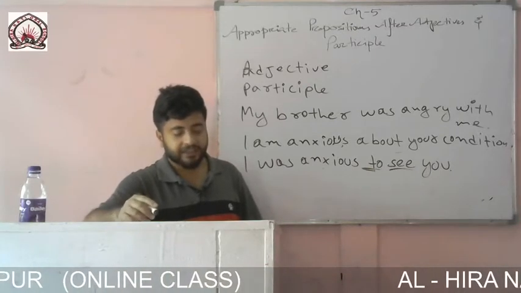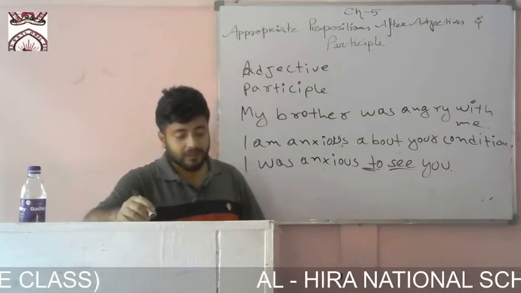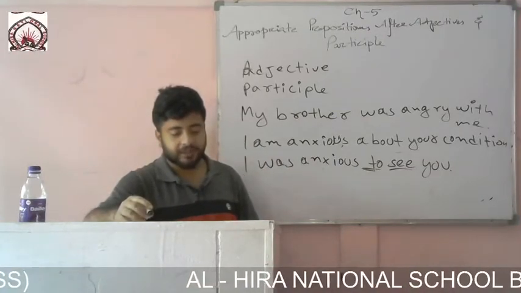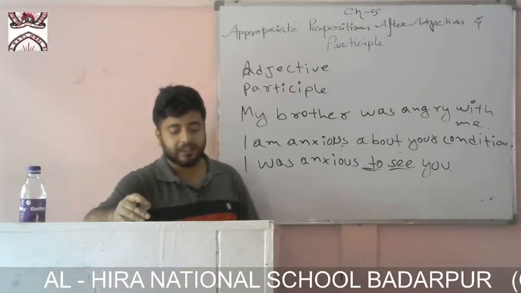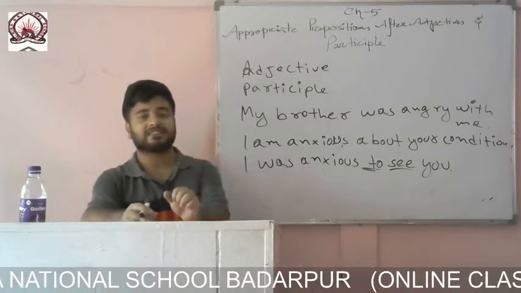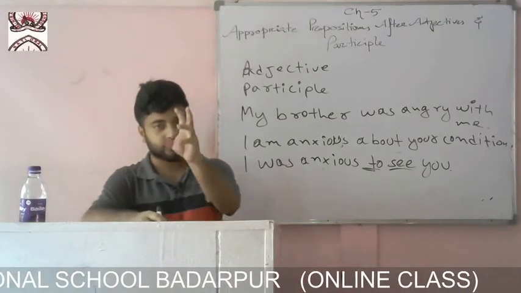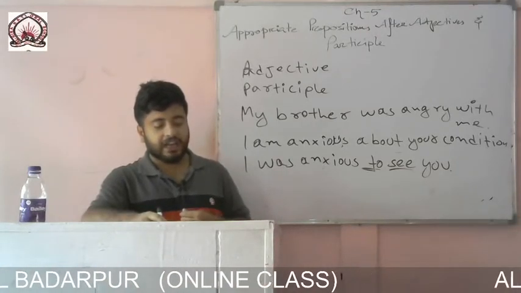Delighted at, delighted with. So delighted at is used when something is there. Then what do we have to write? He is delighted at my success. So here the focus is on success, which is a thing. Now, she is delighted with her present.